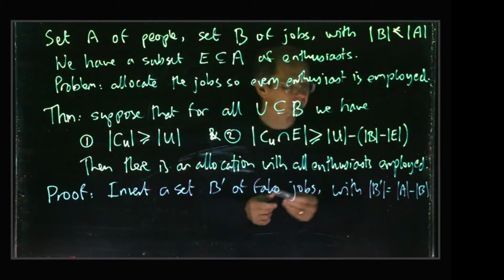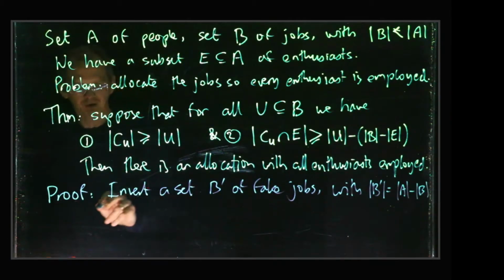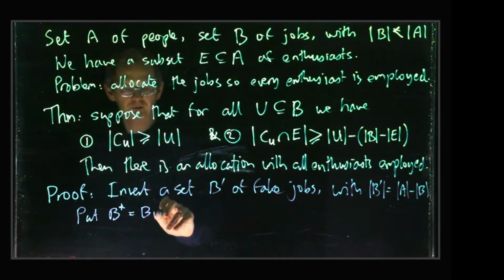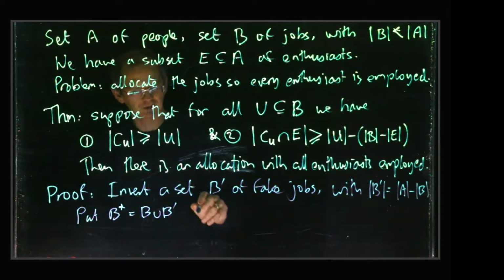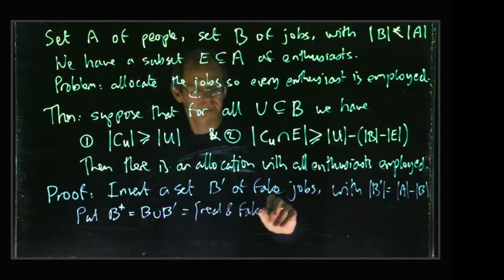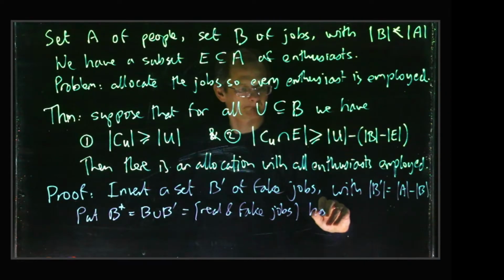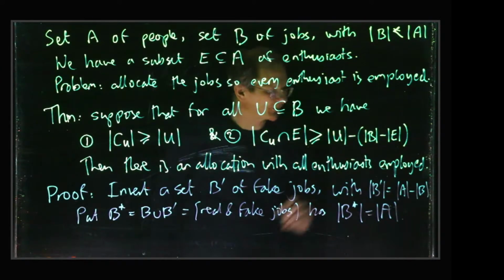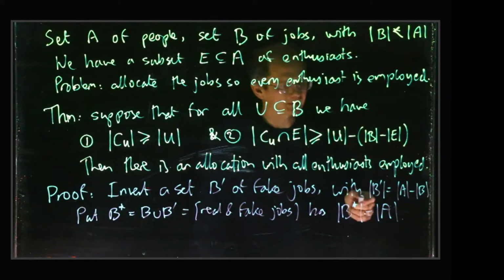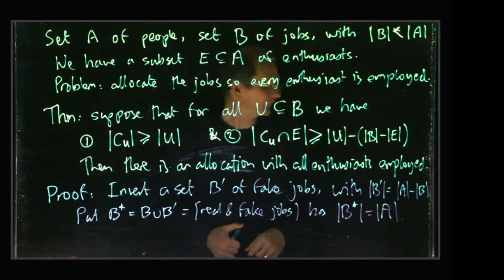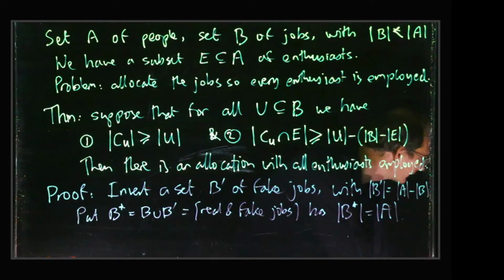And so that means the total number of jobs, if we put B star as B union B prime, so that's the set of real and fake jobs, the size of that is going to be the same as the size of the set A, because size of B prime is mod A minus mod B. Okay, so now this is kind of looking more like the standard type of allocation problem in which you've got the same number of people as jobs.